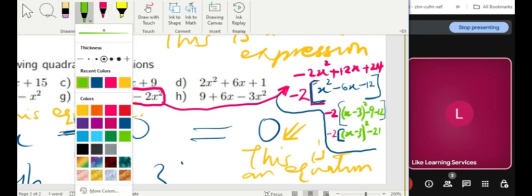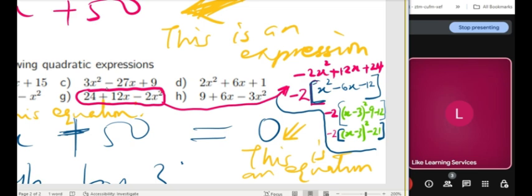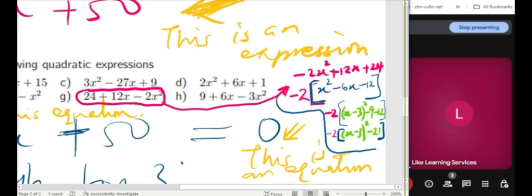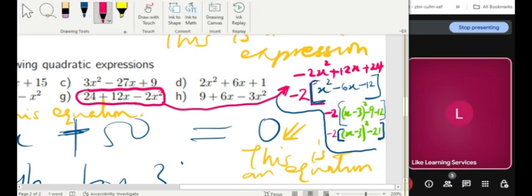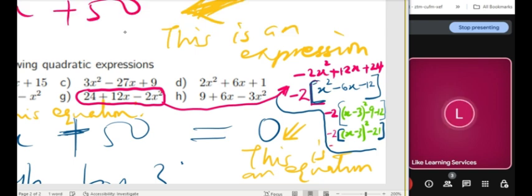So what we do at this point is distribute the minus 2. The final answer will now be what? Minus 2, open the bracket, x minus 3 all squared, then minus what?